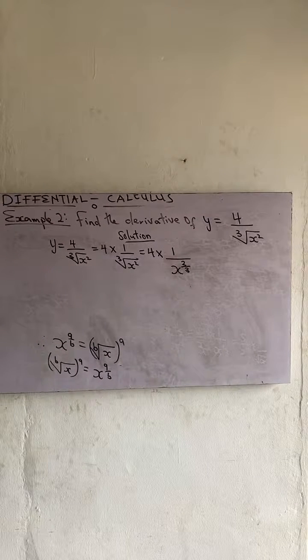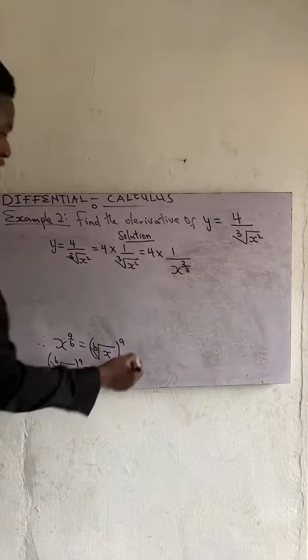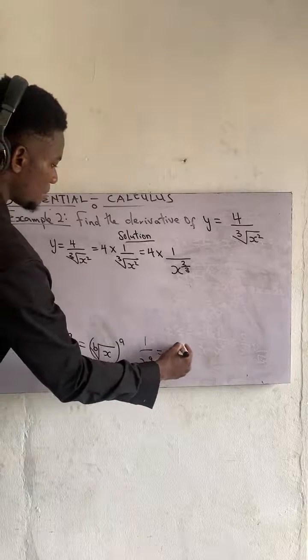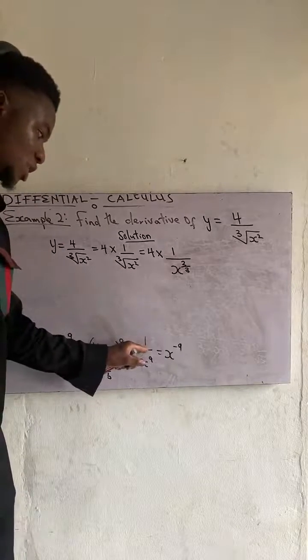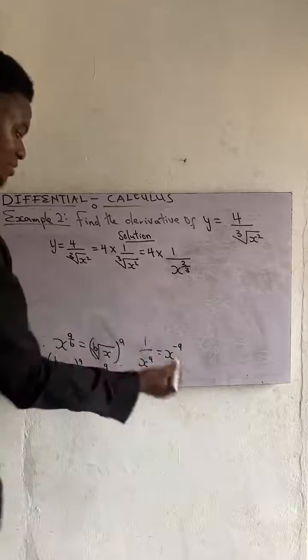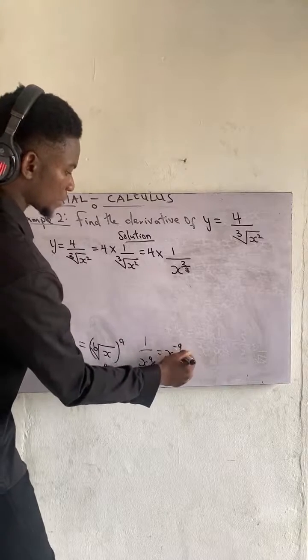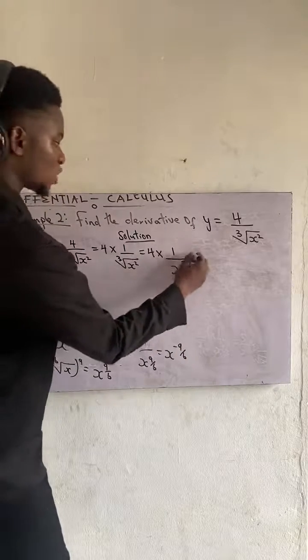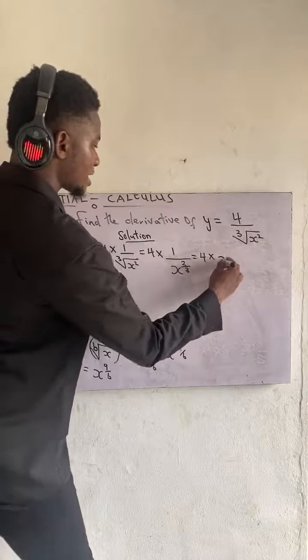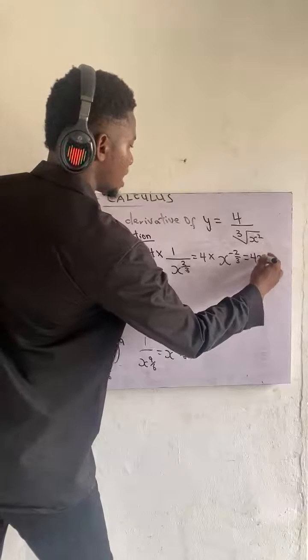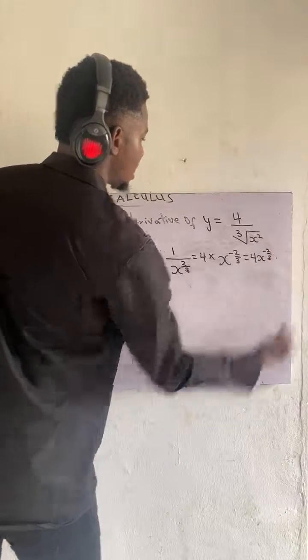Once you've understood this, you will also remember from the indices rule that 1 over x raised to power a can be written as x raised to power minus a. That is to say, the division changes to minus. So this expression can also be written as 4 times x raised to power minus 2 over 3.